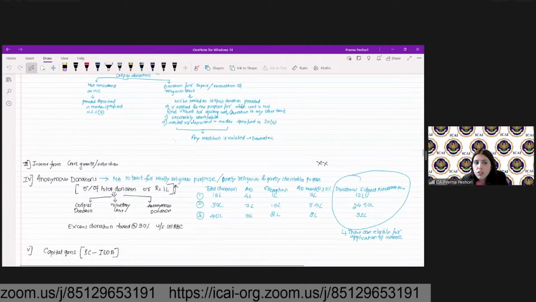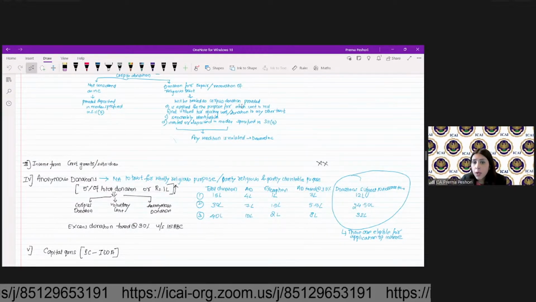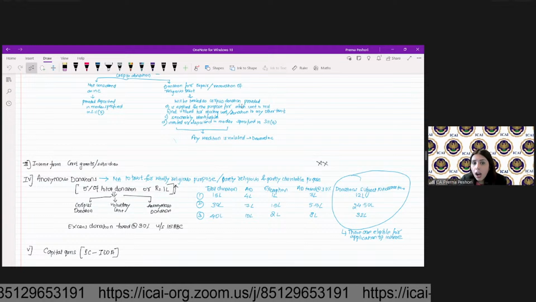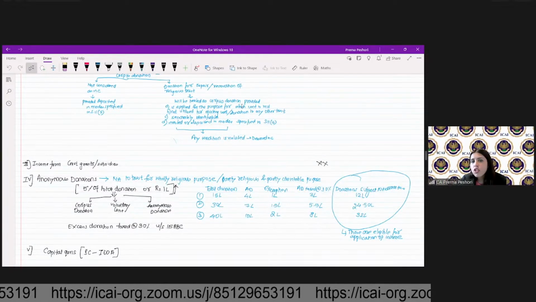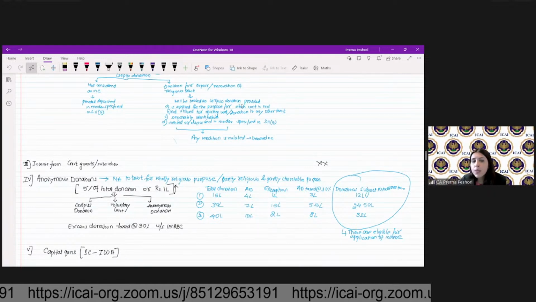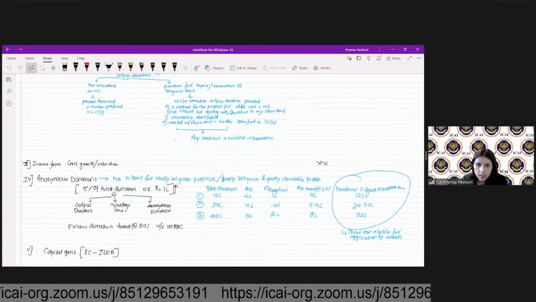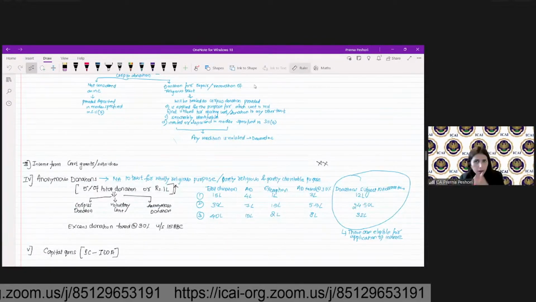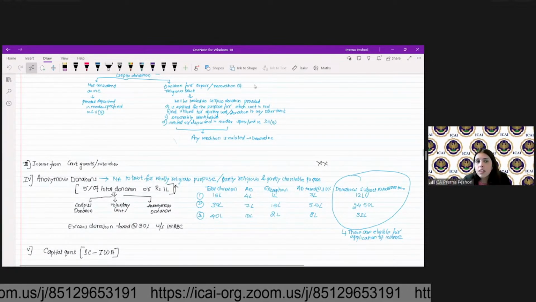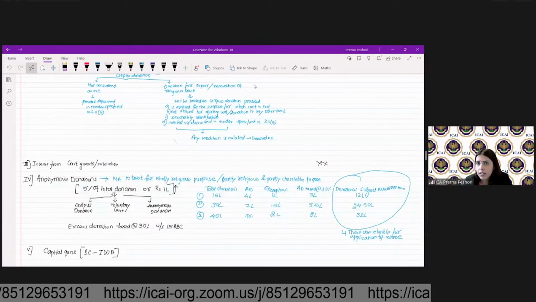So anonymous donation, 5% of the total donation or rupees 1 lakh, whichever is higher, that shall be excluded. Balance shall be taxed under 115BBC at the rate of 30%. Isn't it? So in this situation, the anonymous donations given in this question are rupees 5 lakh.